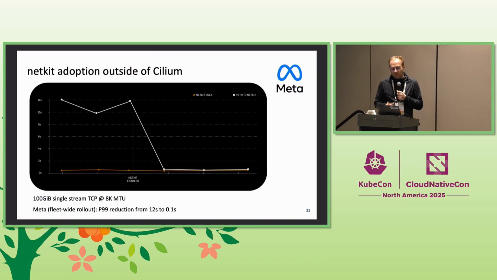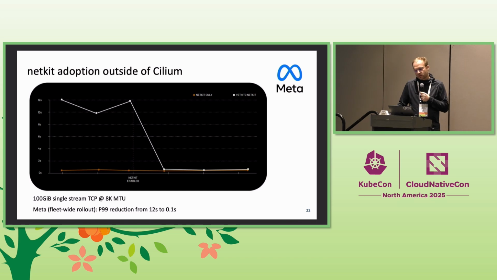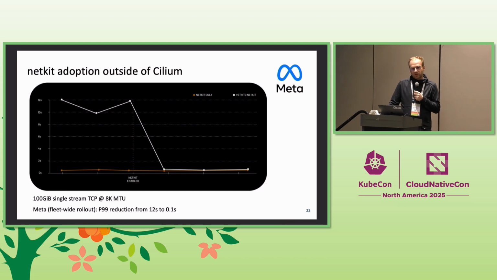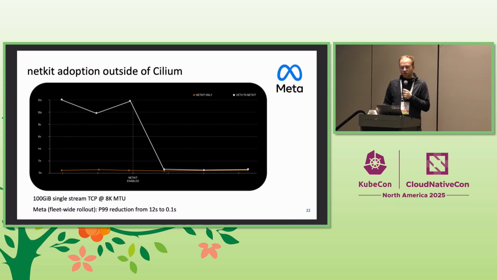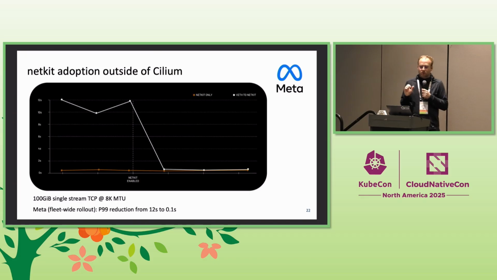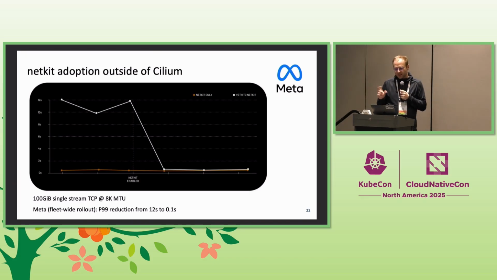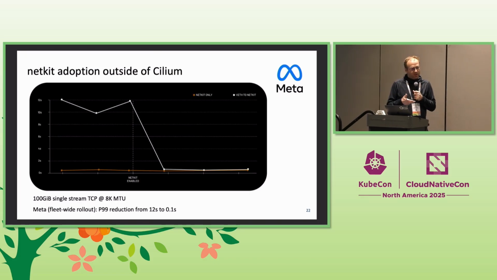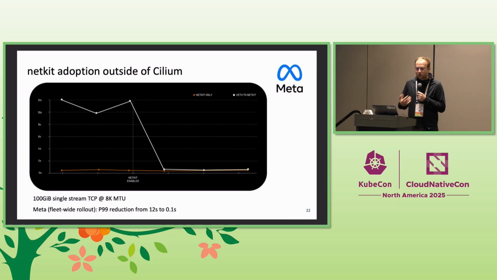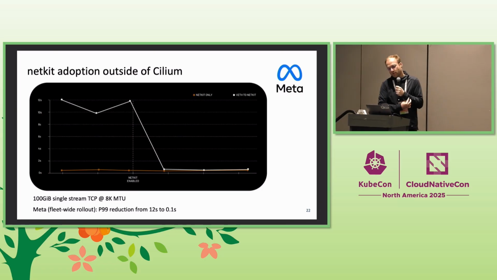So this was an interesting graph that was presented this year at the FOSDEM conference by a Meta engineer. They compared veth versus netkit for some of their production workloads, and they were looking at the P99 latency.